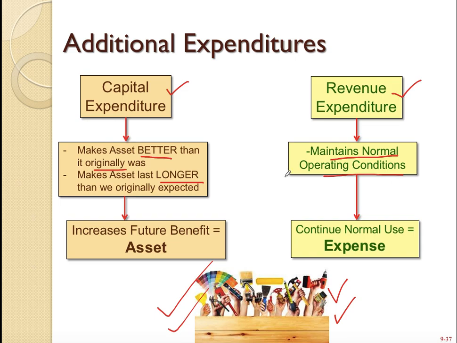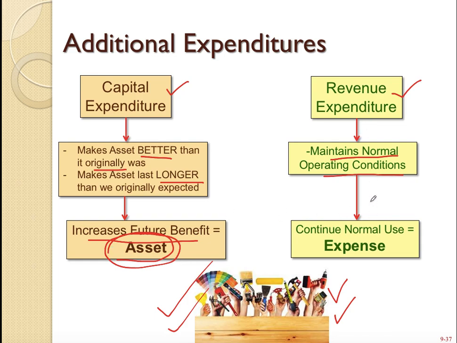Now these two different types of expenditures are treated differently for accounting purposes. Capital expenditures increase the future benefit by making the asset better than it originally was, or making it last longer than it originally was. So we record that as an asset because it's increasing future benefit.